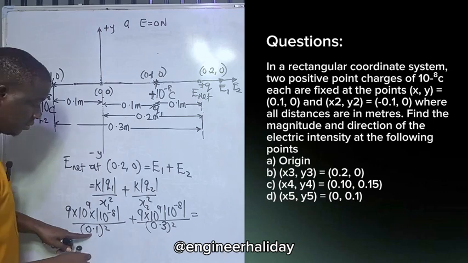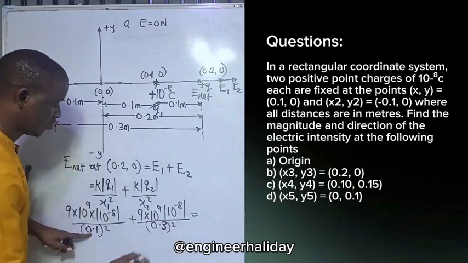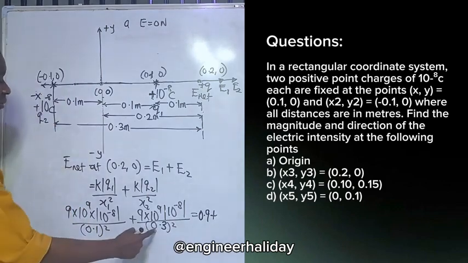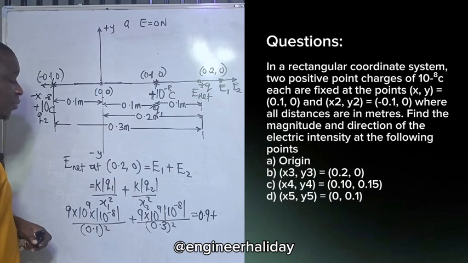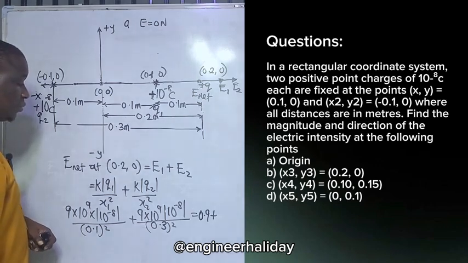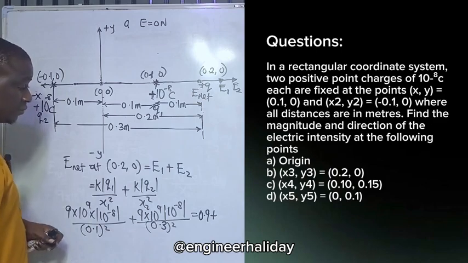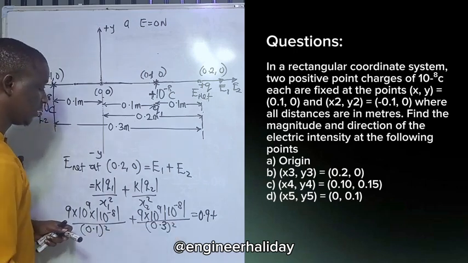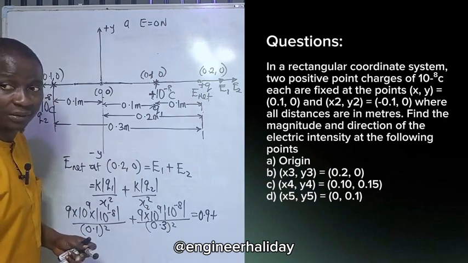That is 0.9 plus this one is about 3 times 9 times 10 to the power minus 2. What do you have?